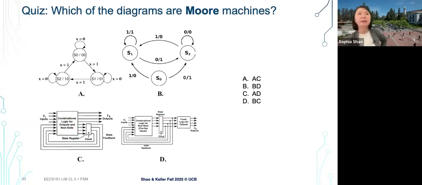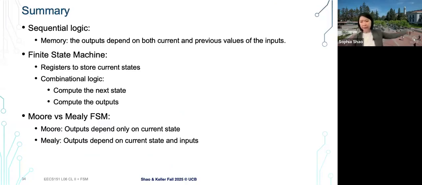Both are very commonly used, and you will get to play with both of them in your design. Just a quick recap: today we talked about sequential logic. The key part is that we have memory elements. We think about finite state machines with 3 components: registers to store the states, and 2 flavors of combinational logic, one to compute the next state and the other to compute the output.